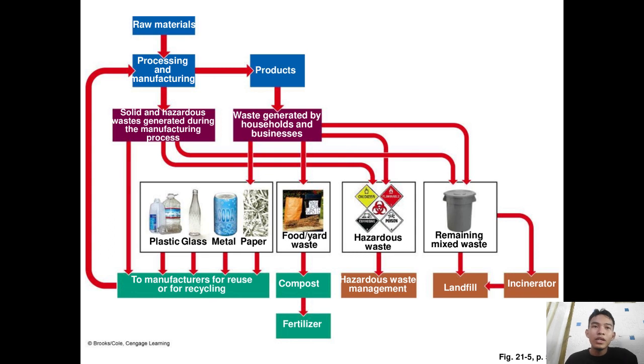In the diagram, we see raw materials, and below it is processing and manufacturing. Inside is the products. Below the processing and manufacturing is solid and hazardous waste generated during the manufacturing process. And below the products, we have waste generated by households and businesses.